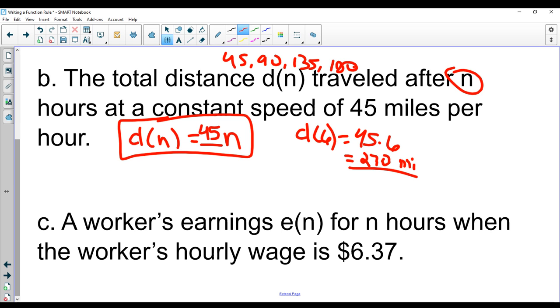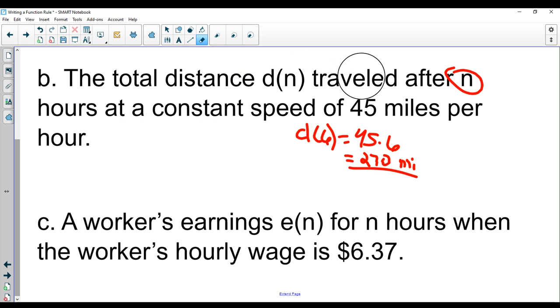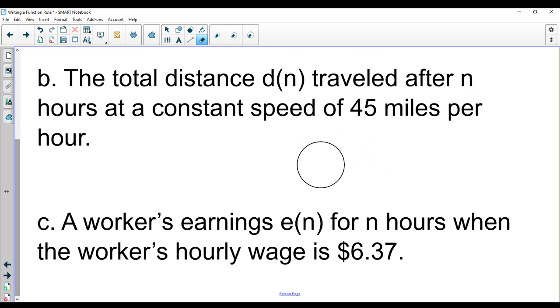It'd be 270 miles that you've traveled. That's really the idea. I just kind of think about it in my head because most of the time this is going to be some multiplication. Like I'm pretty sure it's like 99% of the time when you write this function, it's going to involve multiplication. Sometimes you might have to add or subtract something, but we'll see.